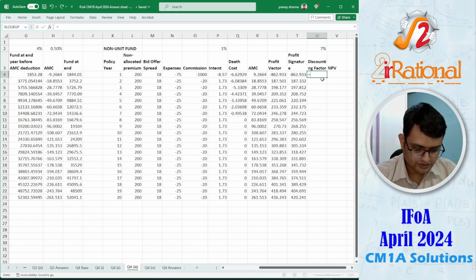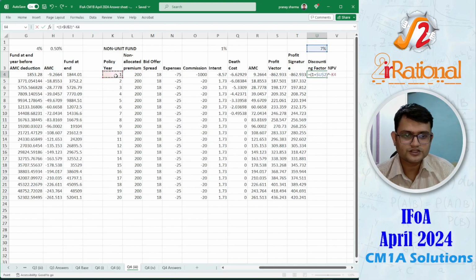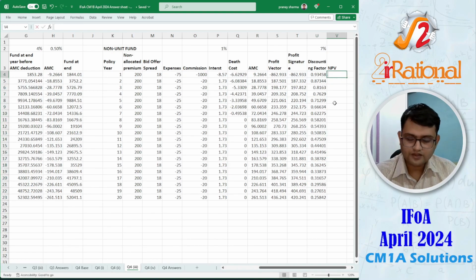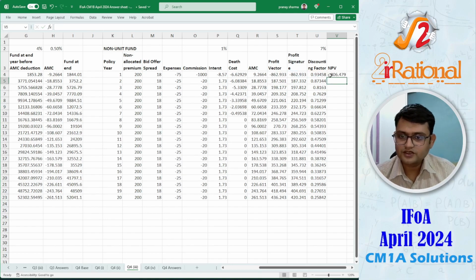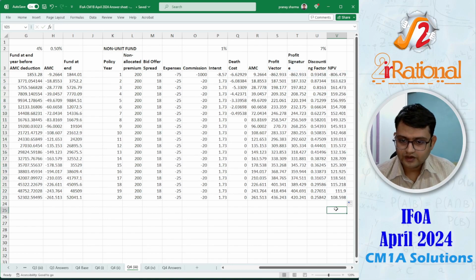1 plus the rate of interest, fix it, raised to minus of policy year, and NPV will just be profit signature into discounting factor. We'll add them all up.